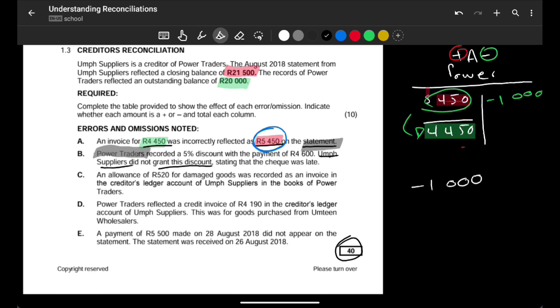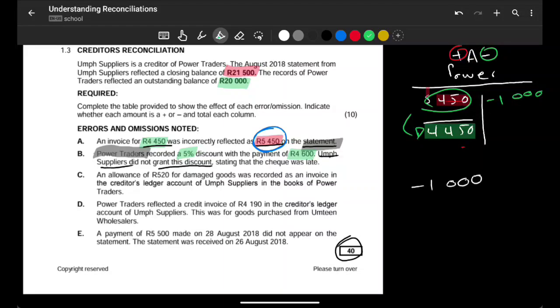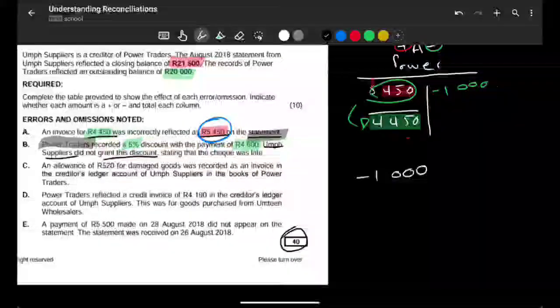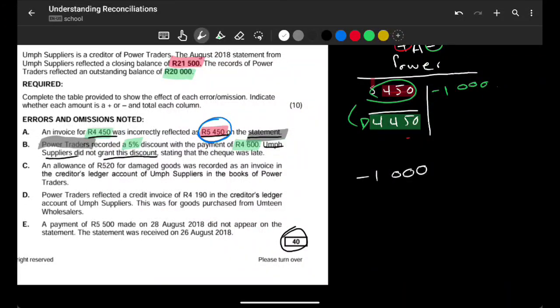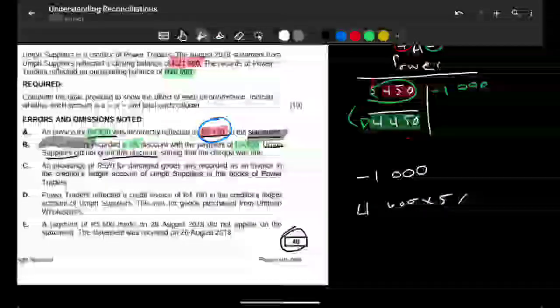But by how much, right? How much is highlighted there? 4,600 and then the 5% discount. The amount that we were supposed to pay was 4,600, but we subtracted a 5% discount from that. So what we're going to do now is say 4,600 multiplied by 5% discount.